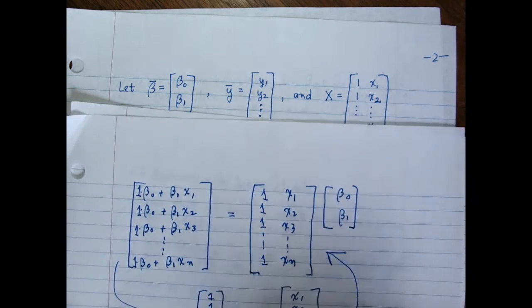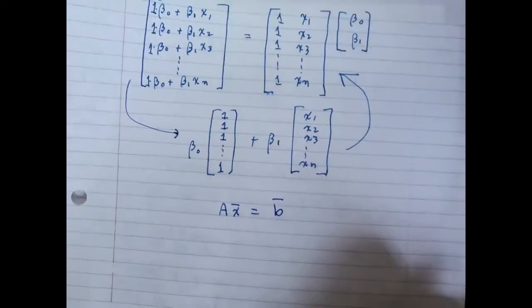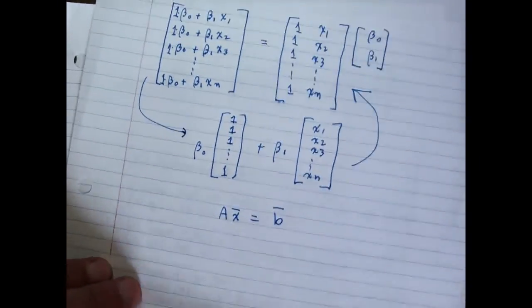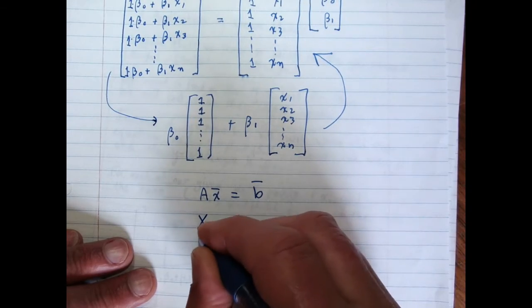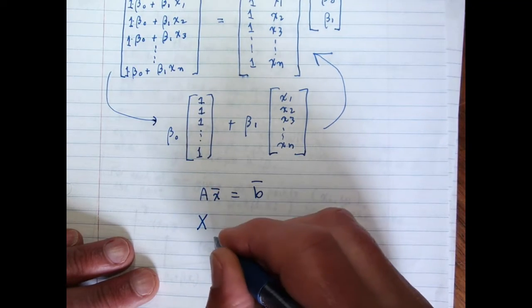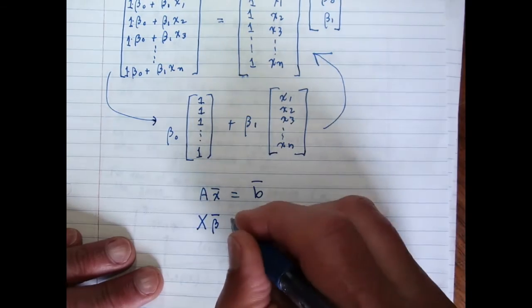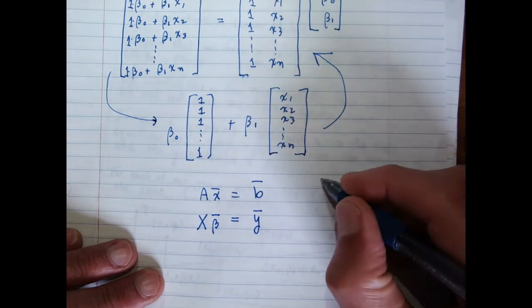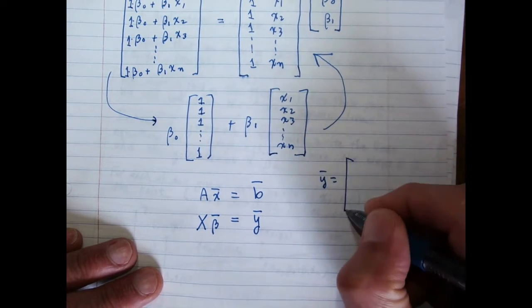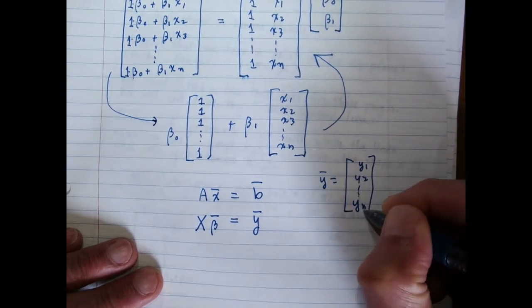So we're trying to solve a system of the form Ax equals b, but for whatever reason our textbook is using different notation here. And so we're writing capital X in place of A. We're writing the beta column vector, that's really our variable. And then the y column vector, the column vector of y coordinates, so just y1, y2 to yn.